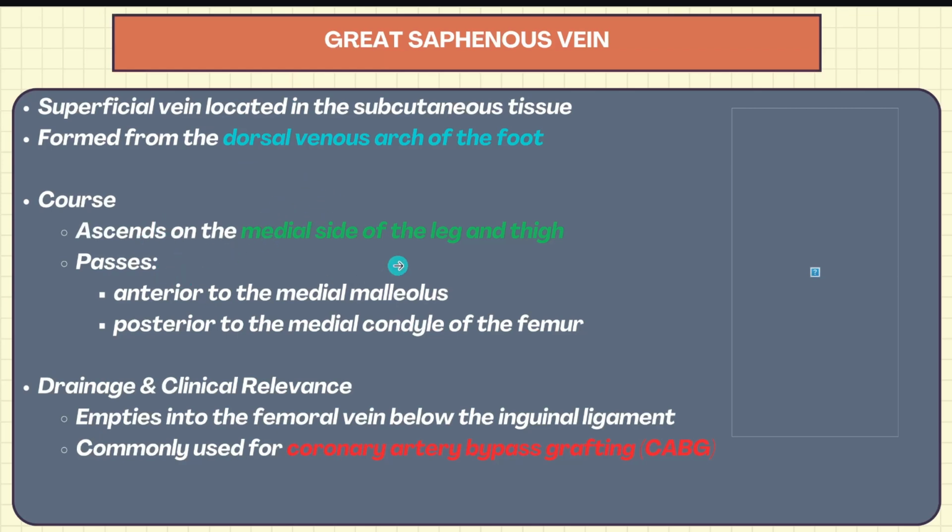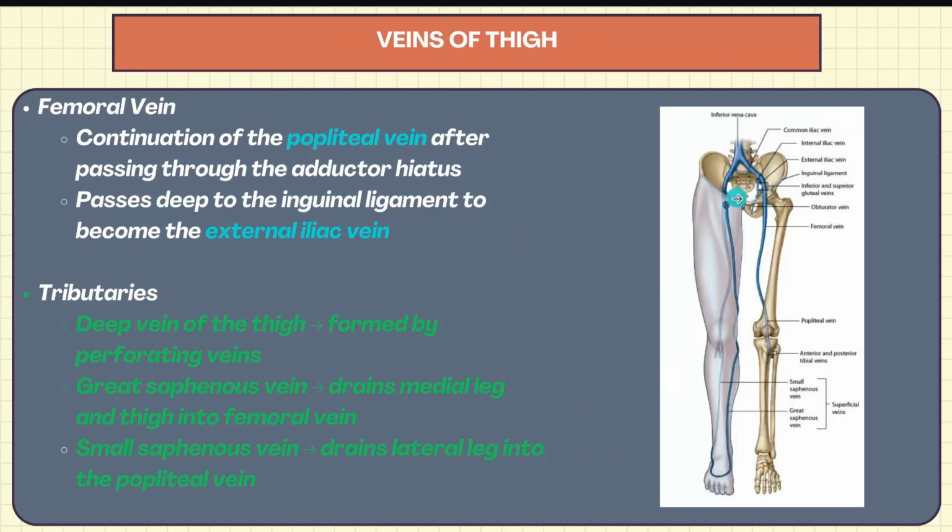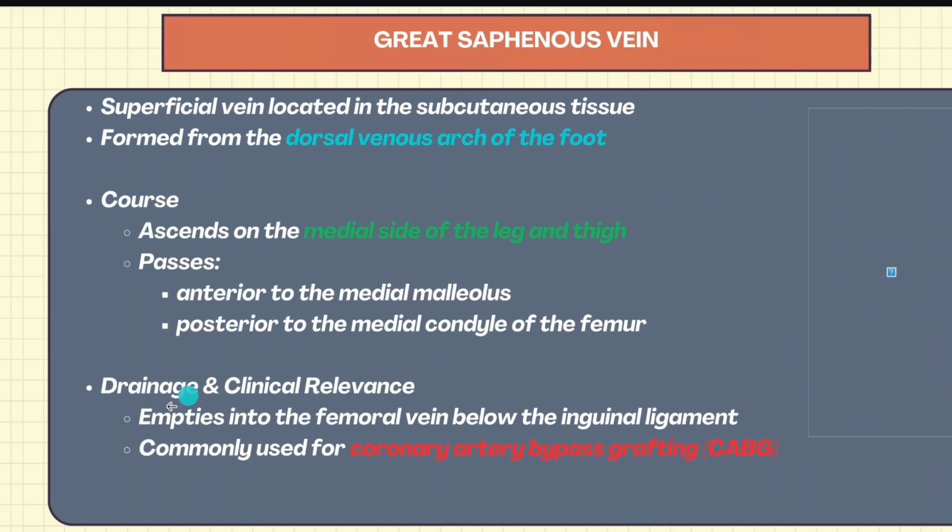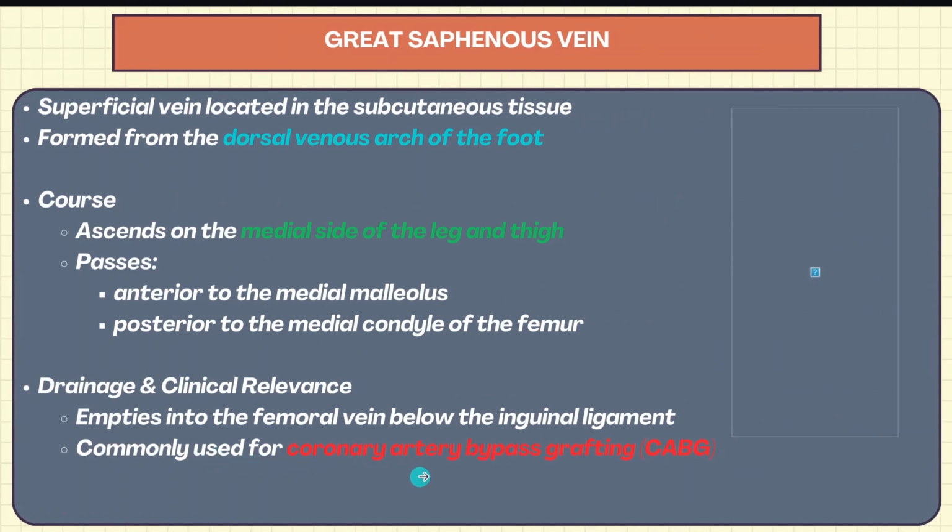It ascends on the medial side of the leg and thigh, and passes anterior to the medial malleolus and posterior to the medial condyle of the femur. For drainage and clinical relevance, it empties into the femoral vein below the inguinal ligament, as you can see over here, and is commonly used for coronary artery bypass. So what is coronary artery bypass grafting? If someone's artery is not working, you can take a piece of this great saphenous vein and replace it with it.